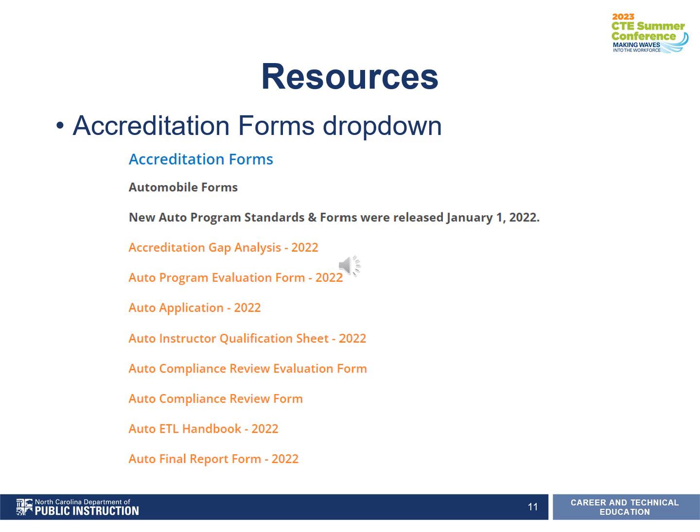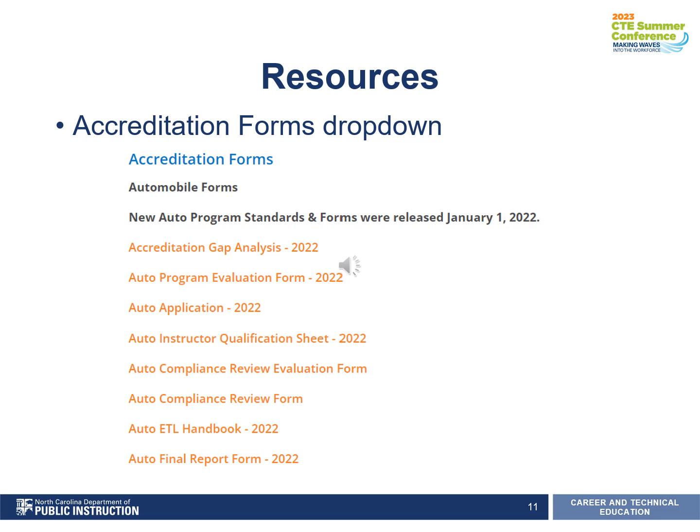And again, I recommend clicking on all of them and downloading the information. A little overview. The accreditation gap analysis is a new tool that ASE put together that goes over each of the standards and kind of asks questions. It's great for a new administrator, new instructor, when they're doing the application or prior to doing the application, hey, what do we need? And it goes step by step.